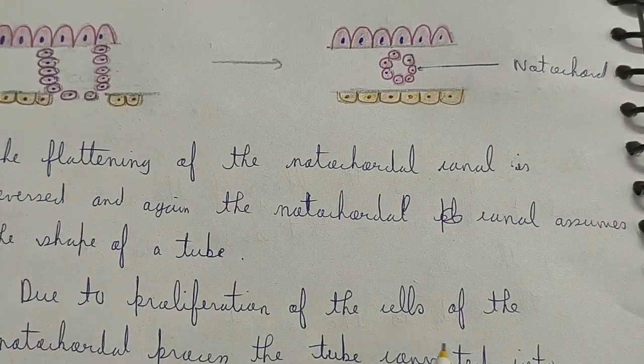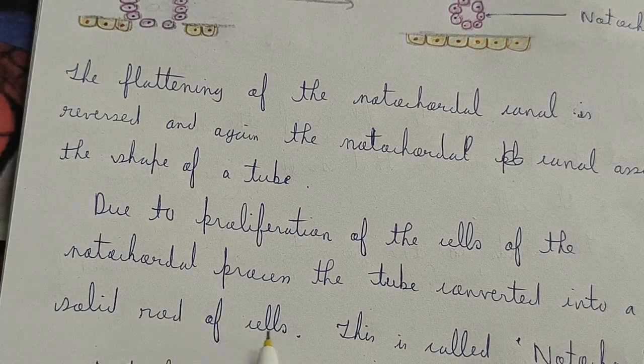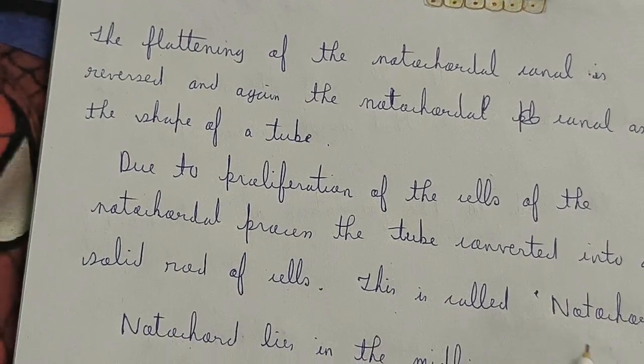Due to proliferation of the cells of the notochordal process, the tube is converted into a solid rod of cells, and this is called the notochord.